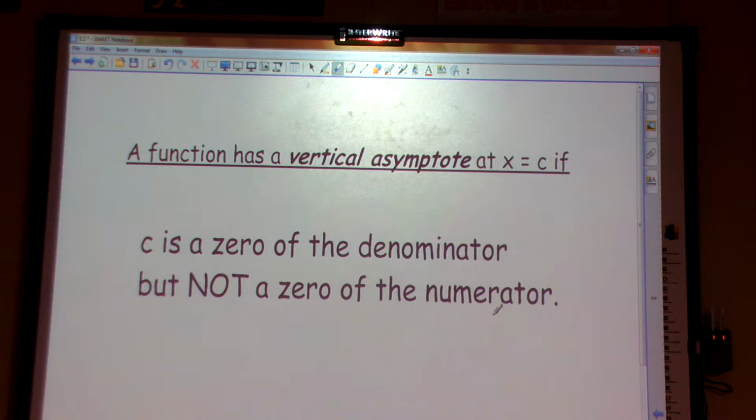So that means if I plug in c, the bottom will be 0 because it is a 0 of the denominator. But if I plug it in the top, it's not 0. It's anything other than 0. Plug it in the bottom, it's 0. Plug it in the top, it's anything else. Then it's a vertical asymptote.